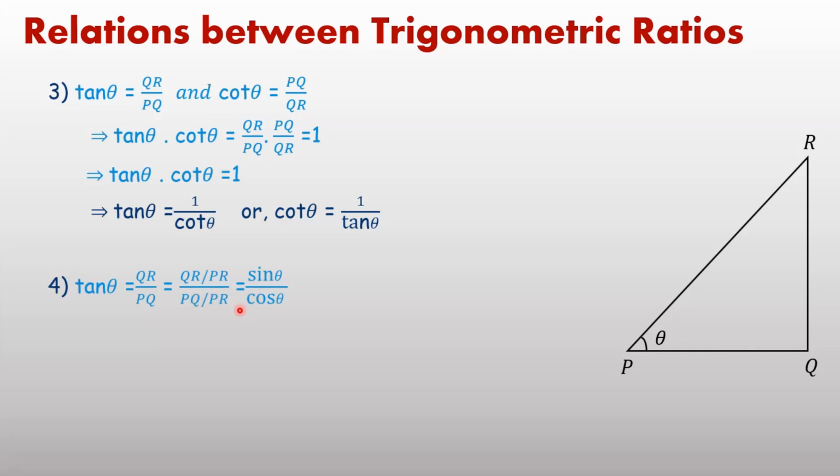It implies next result we are getting: tan theta equal to sin theta upon cos theta. Next, cot theta equal to 1 upon tan theta means cot is the reciprocal of tan. So therefore cot theta we can write as cos theta upon sin theta.